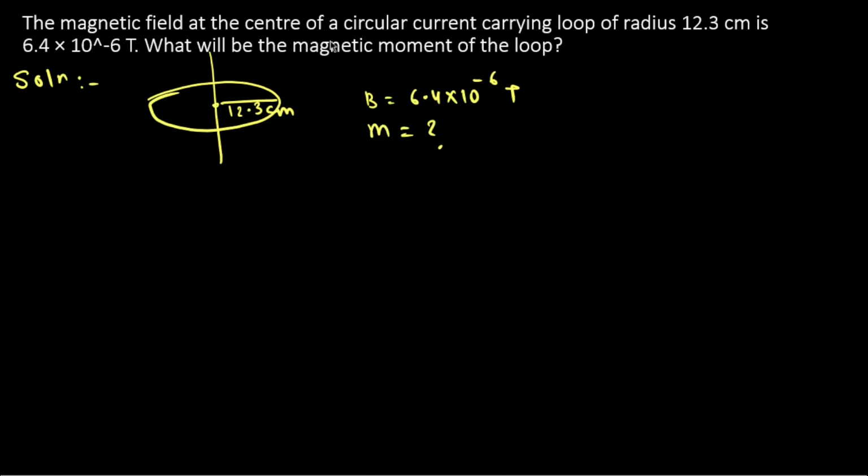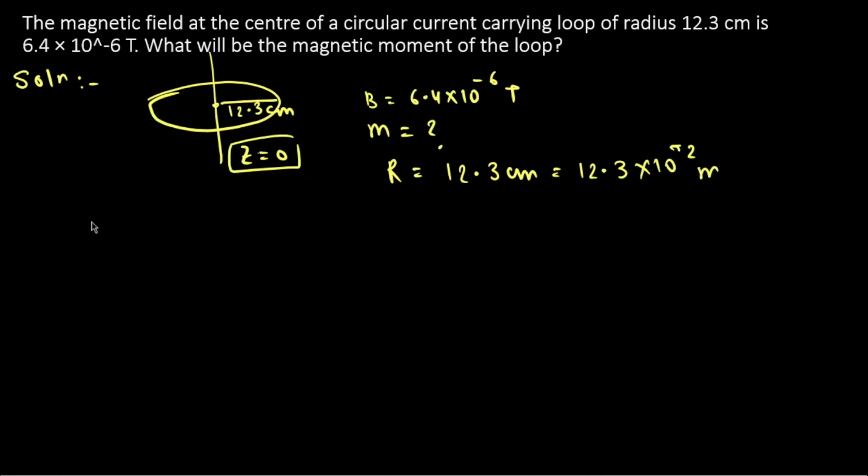So since they have asked us at the center of the circular loop, the distance on the axis, Z, will be equal to 0 for it to be at the center. Also the radius R is given to us as 12.3 centimeter, which can be written as 12.3 × 10^-2 meters. Now we know that the magnetic field on the axis of a current carrying loop is given to us as B equal to mu naught I R square divided by 2 into (Z square plus R square) to the power 3 by 2.